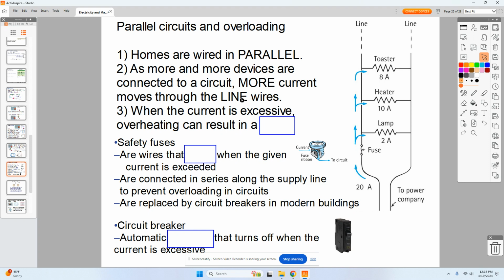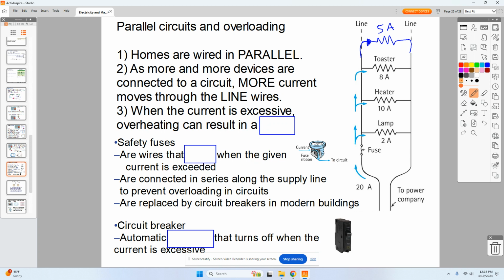You notice that I have a lamp, a heater, and a toaster. If I put another device up here, I can plug in something else. Let's say it's a blow dryer that draws 5 amperes. I can plug in as many things as I want. Usually a circuit will have 12 receptacles, and I can plug in a lot of things.